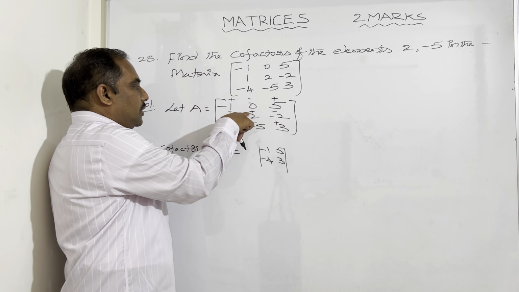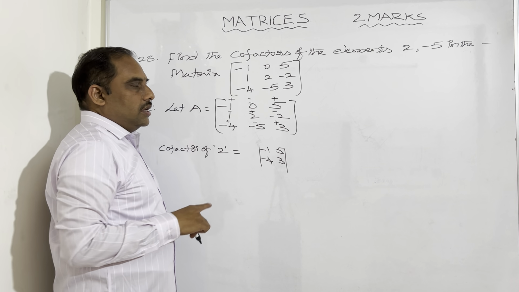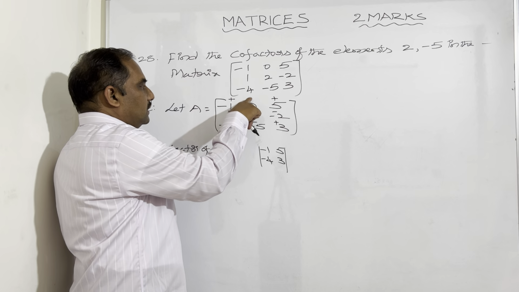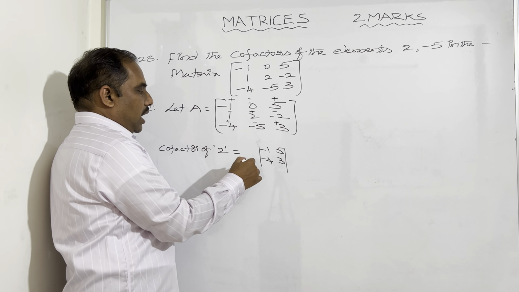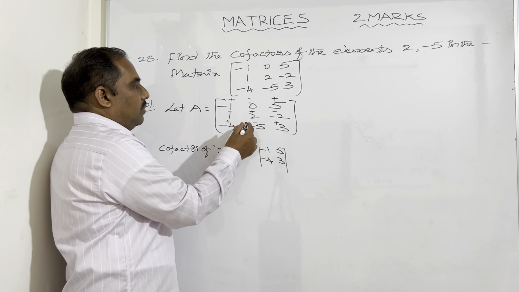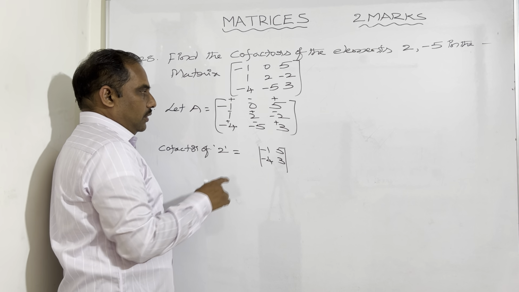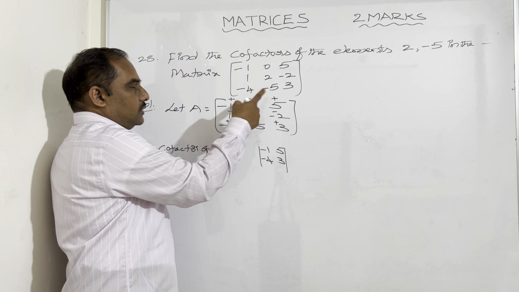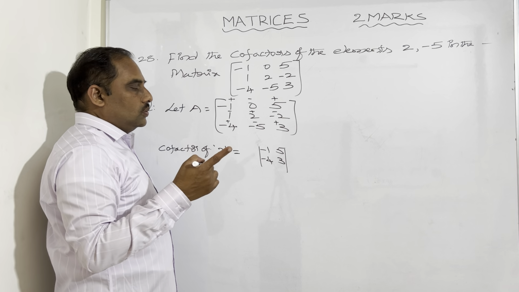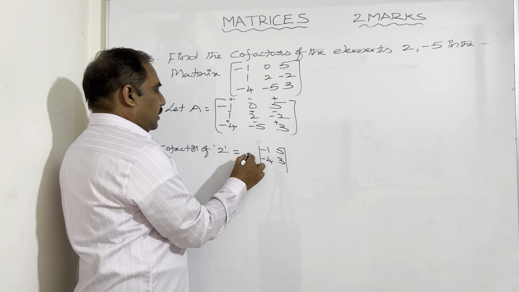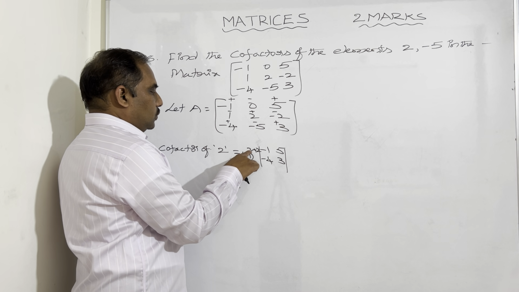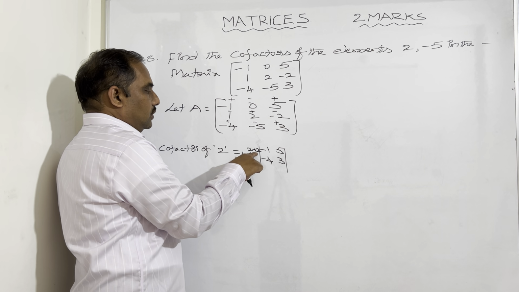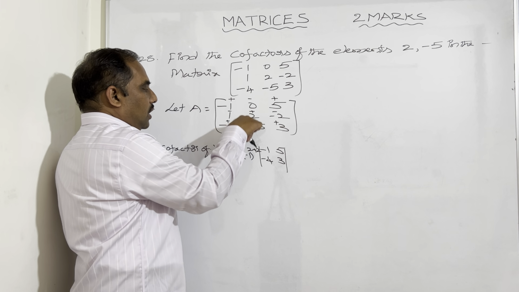The element 2 is present in the second row, second column. Actually this is the minor multiplied with minus 1 whole to the power of n. So here second row, second column means 2 plus 2. So we get minus 1 whole to the power of 2 plus 2. This 2 represents rows and 2 represents columns.